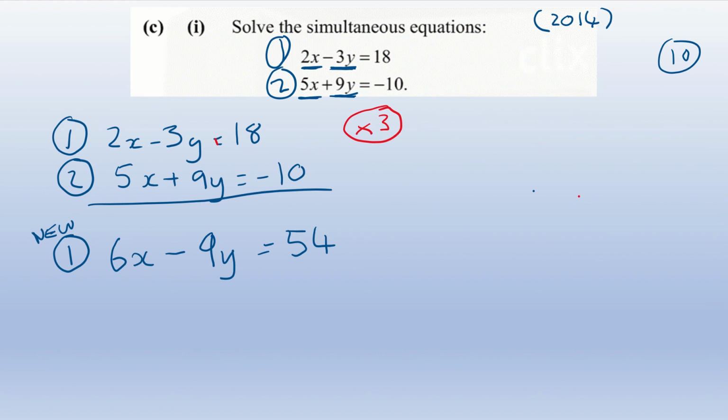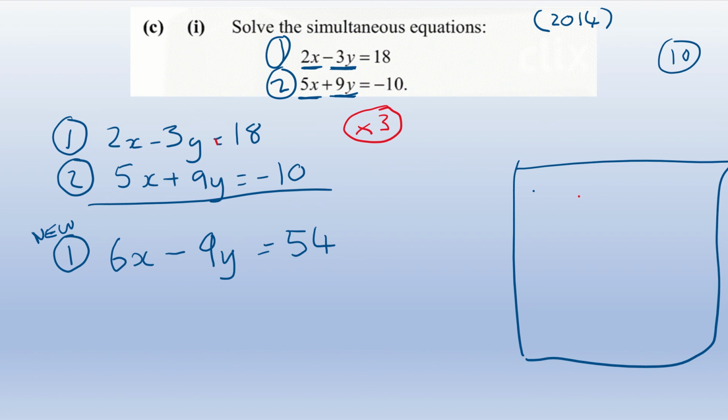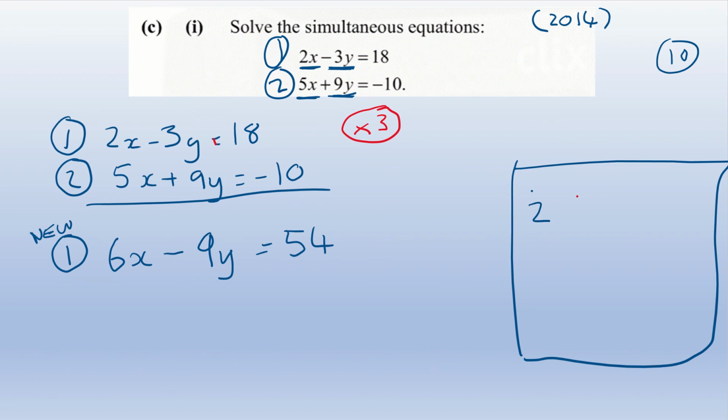I'll just do over here, just to show you why that works. It'd be like saying, well, 2 plus 3 is equal to 5. If I was to multiply everything here by 10, so 2 by 10 is 20, plus 3 by 10 is 30, is equal to 5 by 10, which is 50. The two of these hold true.